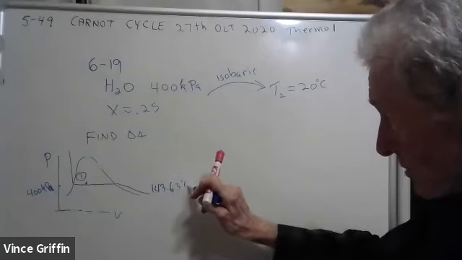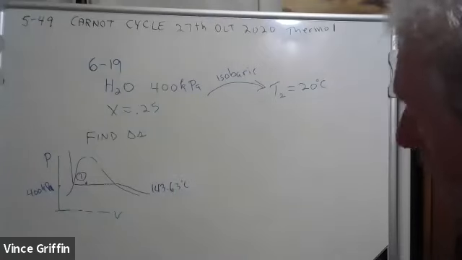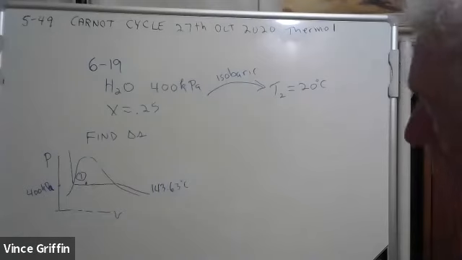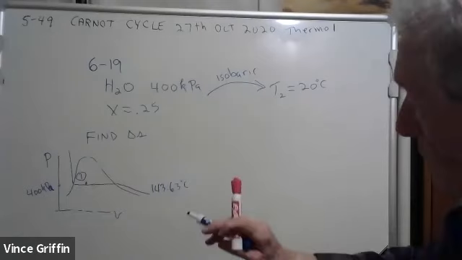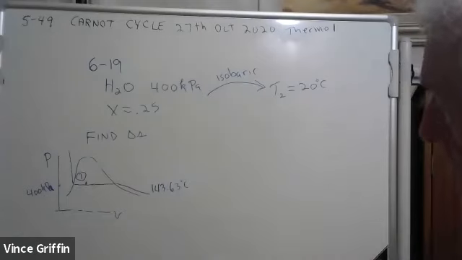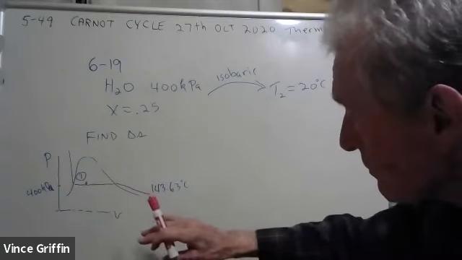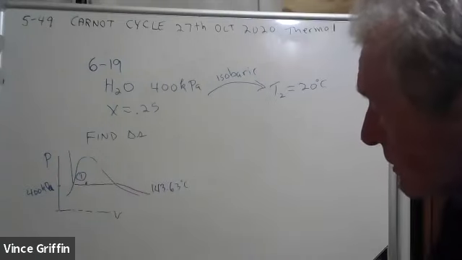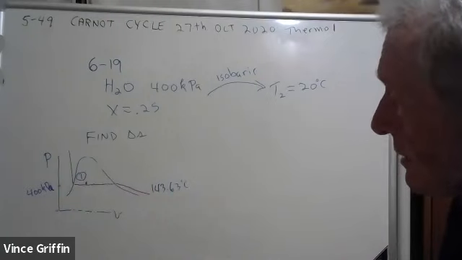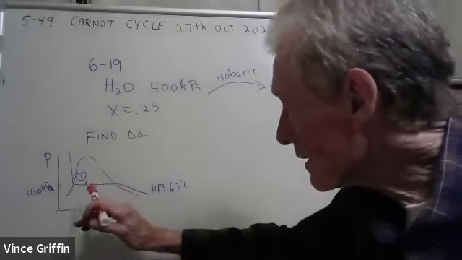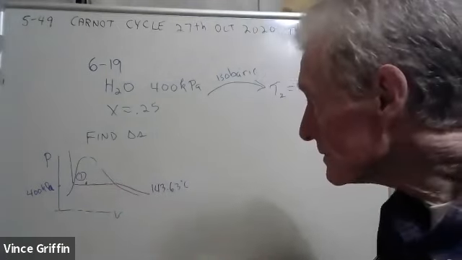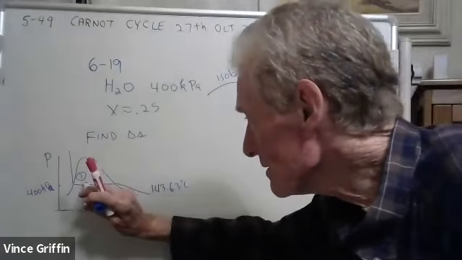143.63 degrees Celsius. Now we're going to follow an isobar, and we're going to go to 20 degrees Celsius. Now where the heck is that? 20 degrees Celsius? Are you kidding me? That would be a lot colder, wouldn't it? Well, we're going to have to do this, aren't we?